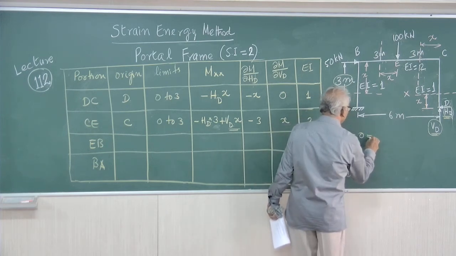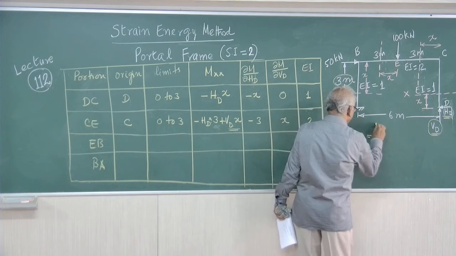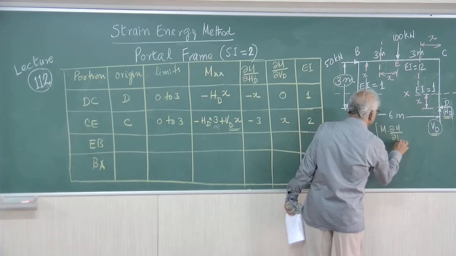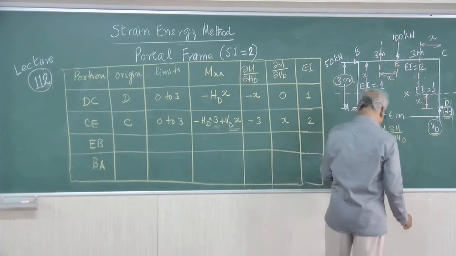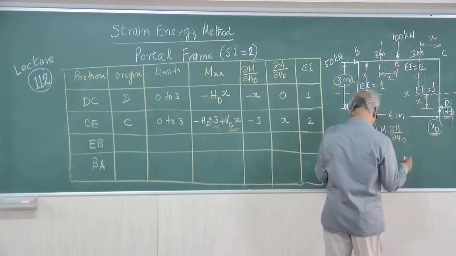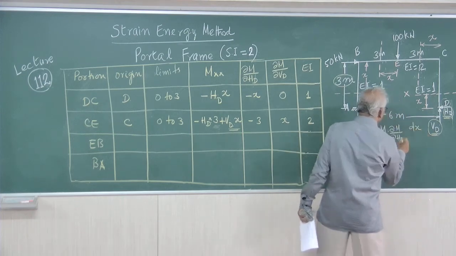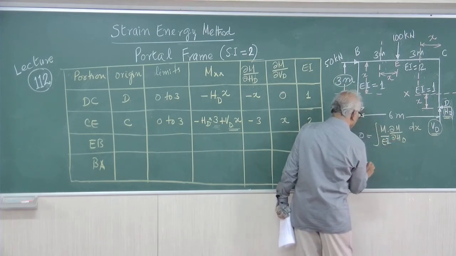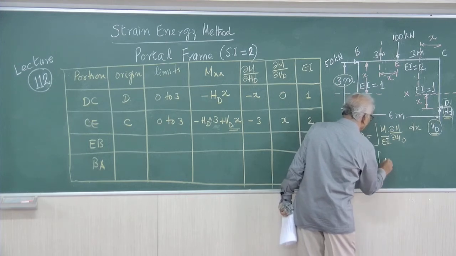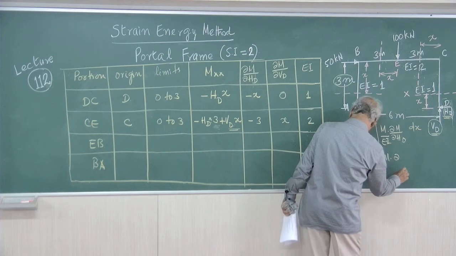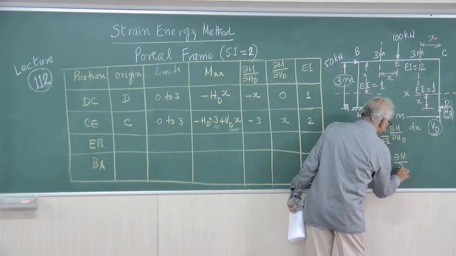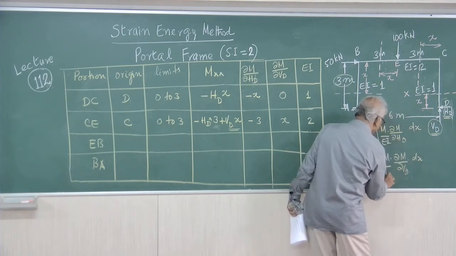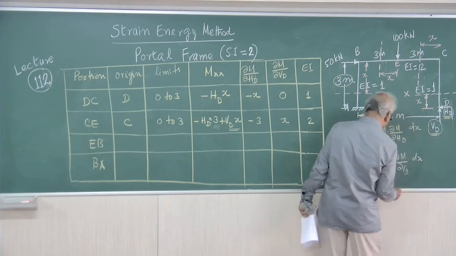This is equal to the integral of M into dou M by dou HD into dx by EI, and the integral of M into dou M by dou VD into dx by EI, equal to 0.